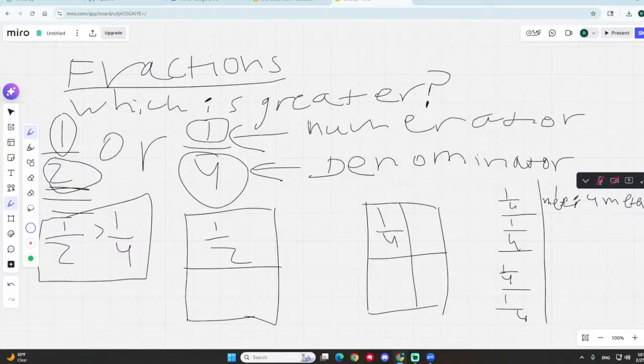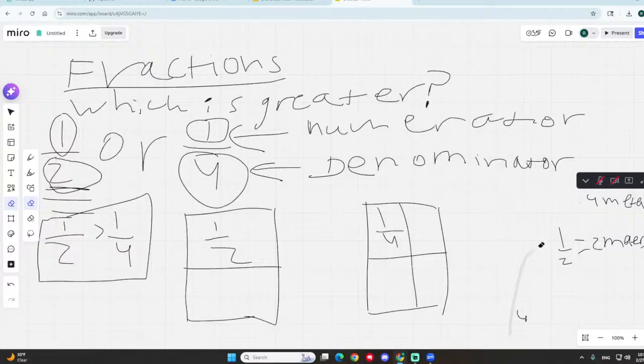So you see when we're doing 1/4, there's more parts, so each part is smaller. In this case, each part is 1 meter. But when doing 1/2, it's 2 meters. Okay? So that's why 1/2 is greater than 1/4. Let's do one more thing.